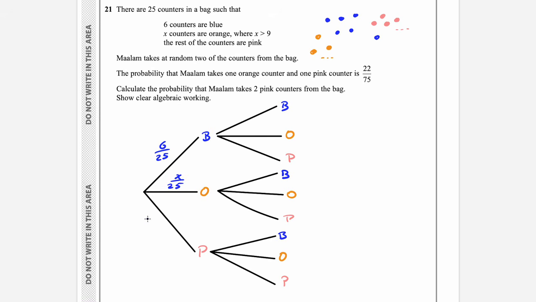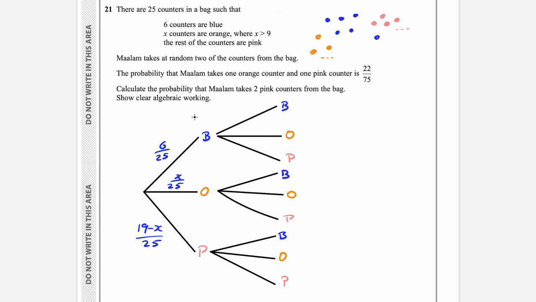And then whatever's left, which is 25 minus 6 minus X, which is actually 19 minus X. So there's going to be 19 minus X pink, because there's 25 in total, 6 blue, so that leaves 19, and X orange, so I need to take it away. So it's that over 25, probability of getting a pink. Now the probability that she takes 1 orange and 1 pink is 22 over 75.